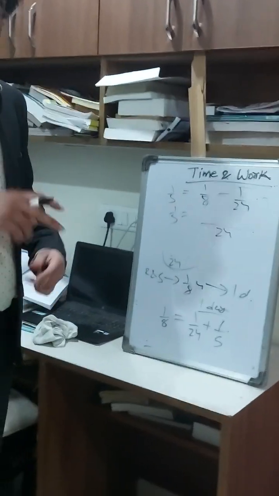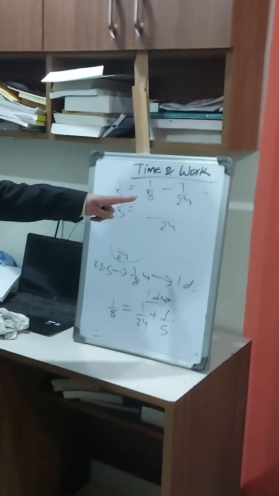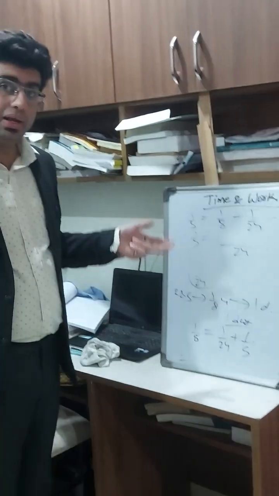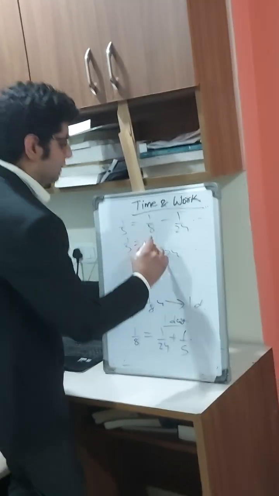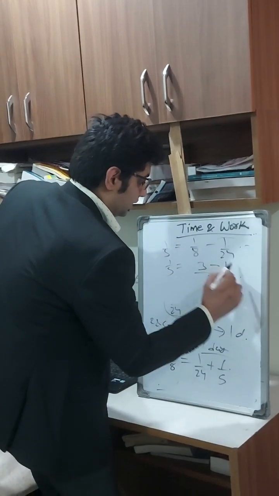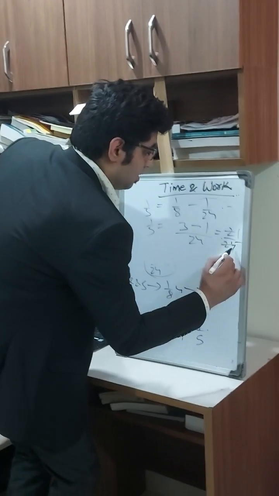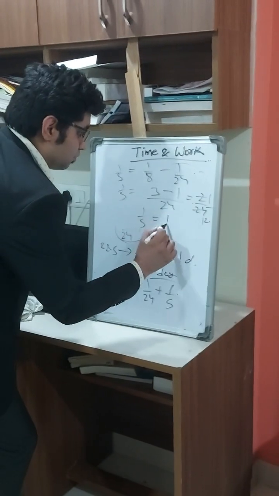It would be 24 only, because 24 comes in the table of 24 and 8's table also. So 24 is a multiple of both 8 and 24, as each number is a multiple of itself also. So 8, how many times is 24? 3, minus 1. So it comes out to be 2 by 24, which cancels to be 1 by 12. So 1 by S equals 1 by 12.